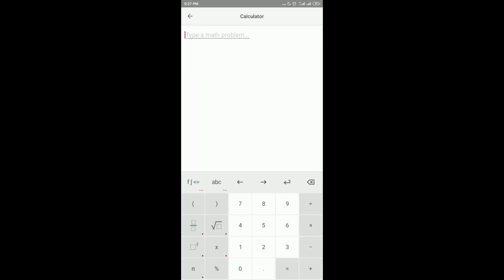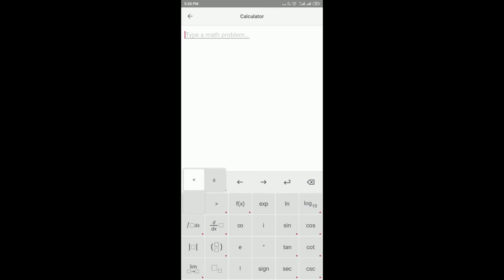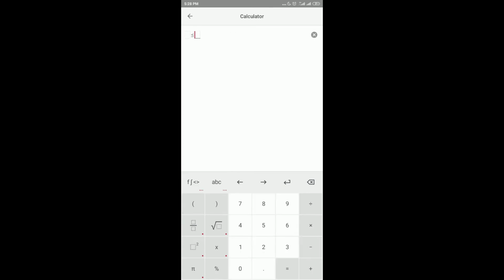PhotoMath can also be used if you want to check inequalities. You just press this button, and then you can choose whether less than or more than. This is the less than. If you press a little bit longer, it will pop up like this, so you can choose whether you want less than or less than or equal.